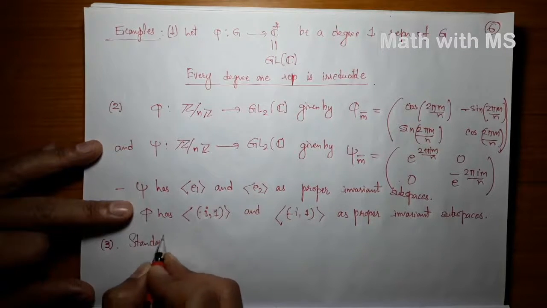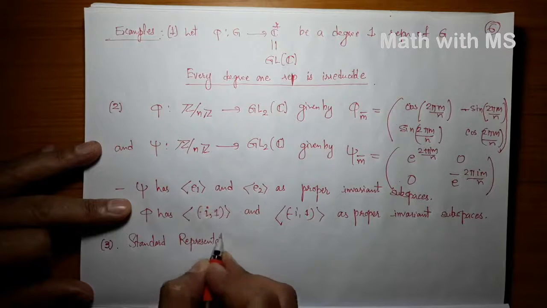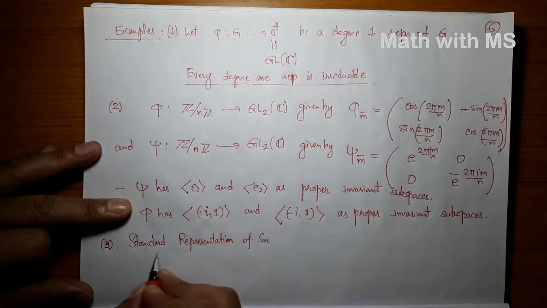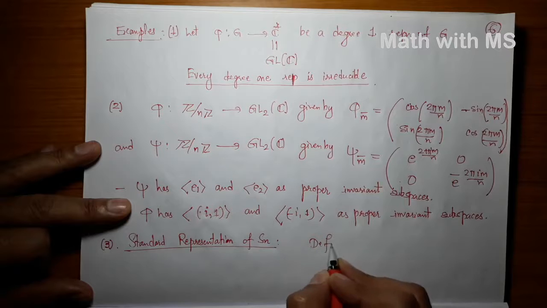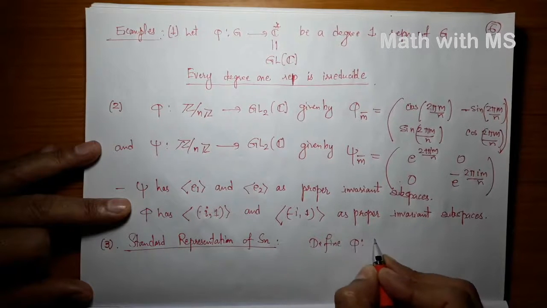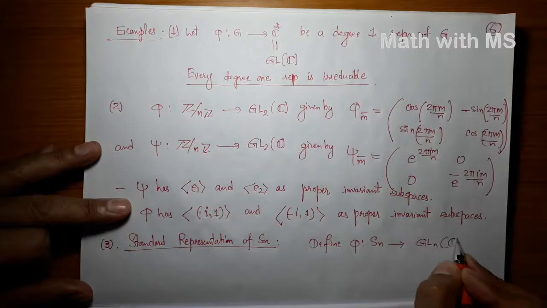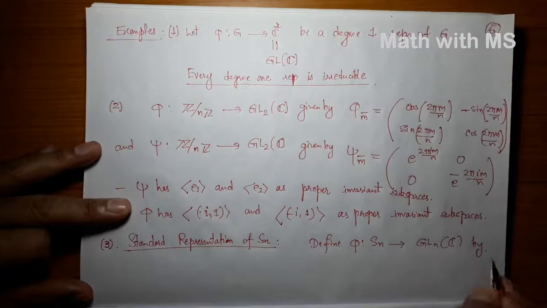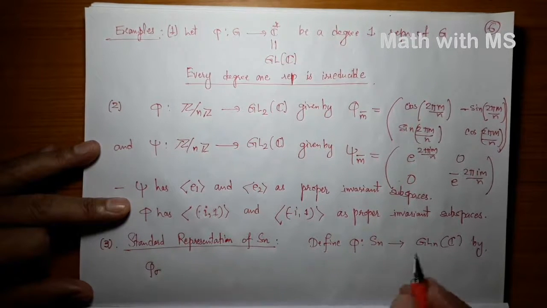The standard representation of the symmetric group Sn. So what is that? Define phi from the symmetric group Sn to GLnC by the following. Phi will act on any permutation sigma, and where will it send it?